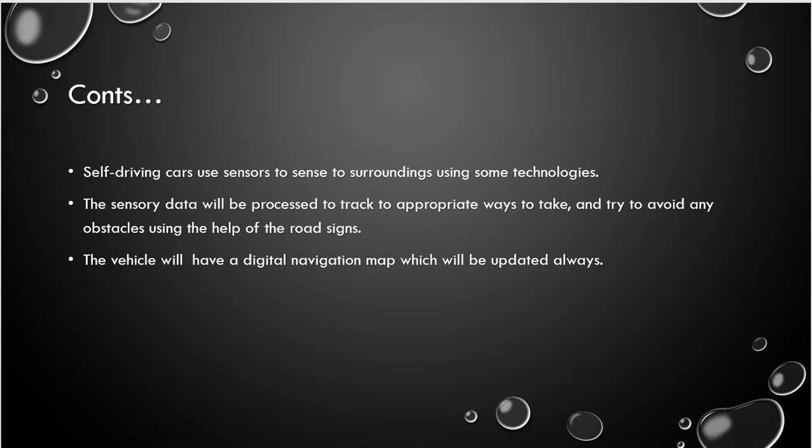The sensory data will be processed to track the appropriate pathways to take and avoid any obstacles, with the help of road signs. Also the vehicles will have a digital map which will always be updated. So the driver basically cannot worry about anything else.